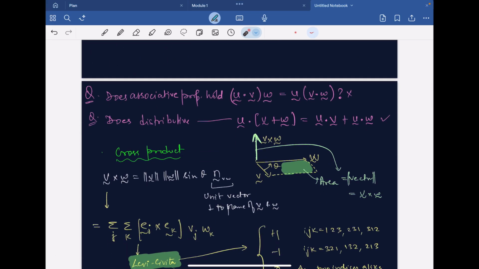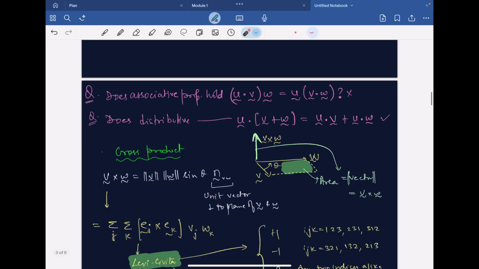All right, so let's talk about the cross product briefly. If you have two vectors v and w, in your high school format you can write it as magnitude of v, magnitude of w times sine theta, multiplied by a unit vector which is perpendicular to the plane of v and w. So in a physical sense, this is your one vector, this is another, so the third vector will be perpendicular to it, and the angle between them is theta.